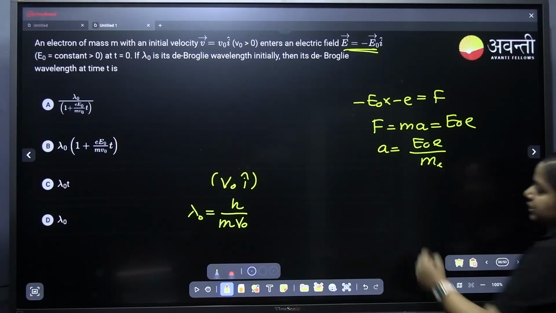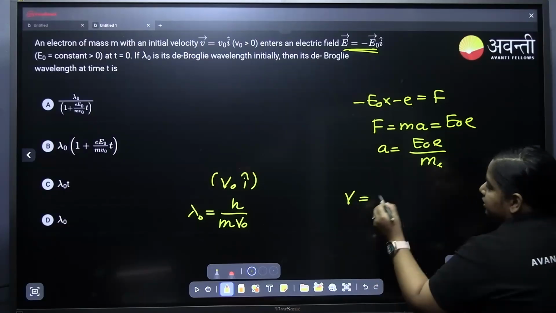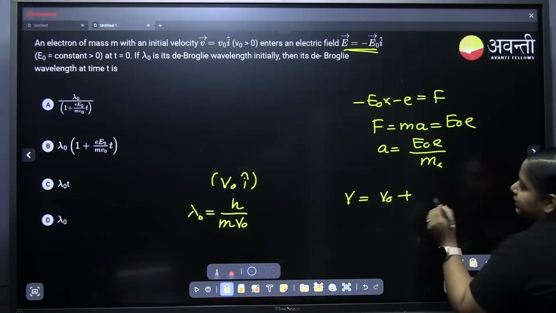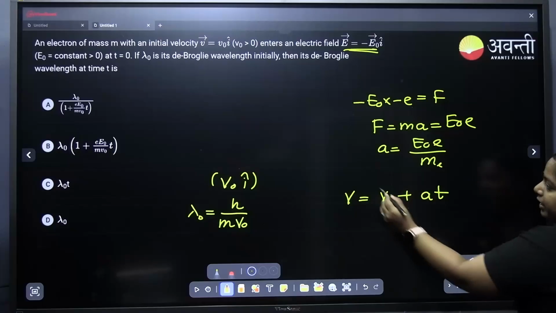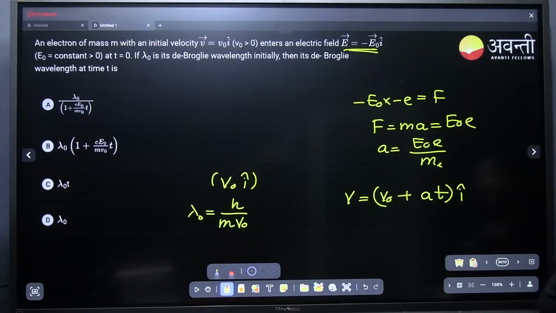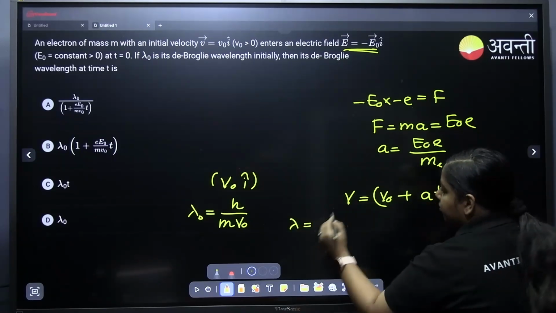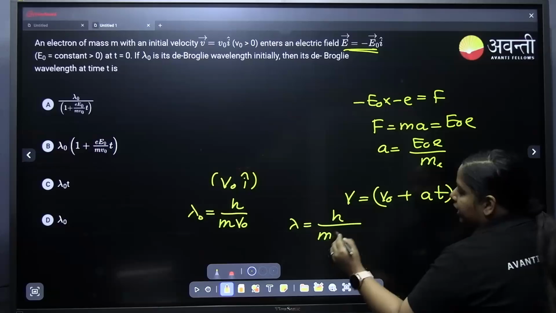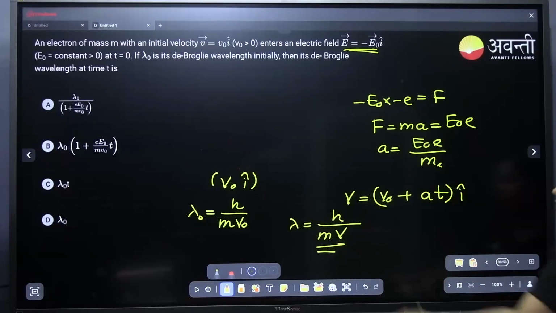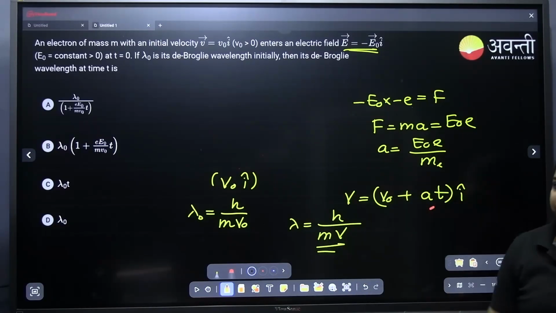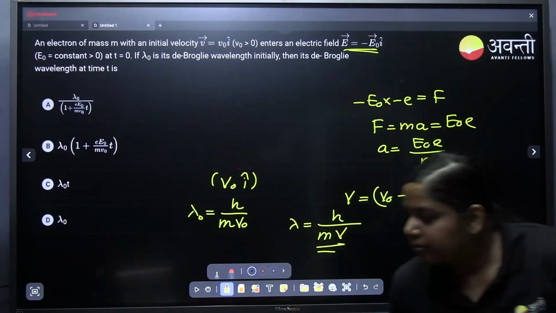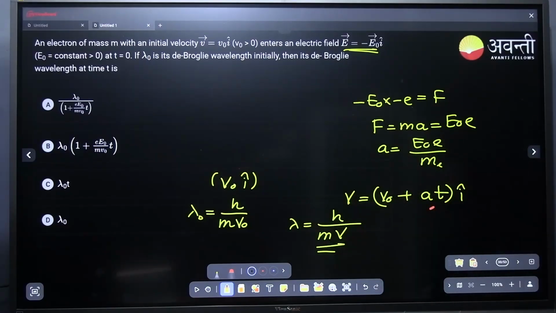Now we can use this after time t. The new velocity will be v naught plus at i cap, and the new wavelength will be h divided by m into v. Substitute a in this, then substitute v here. Do you have the answer?